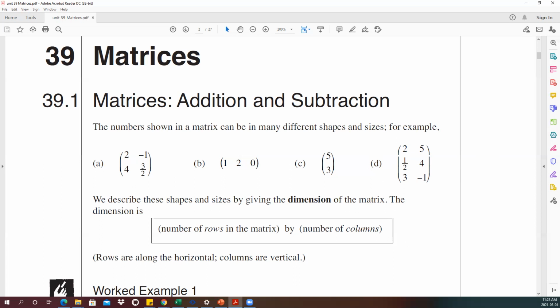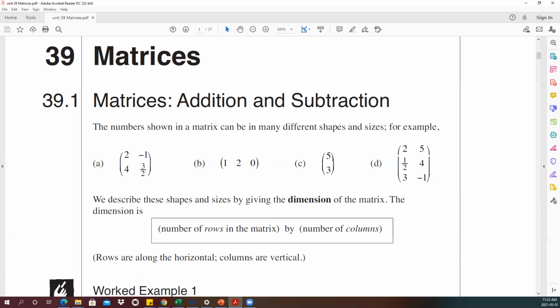So we describe these shapes and sizes by giving the dimension of the matrix. Notice the dimension in bold, right? The dimension is the number of rows in the matrix by the number of columns. Going back to this one, it has 3 rows, 2 columns. This one right here has 1 column, 2 rows.